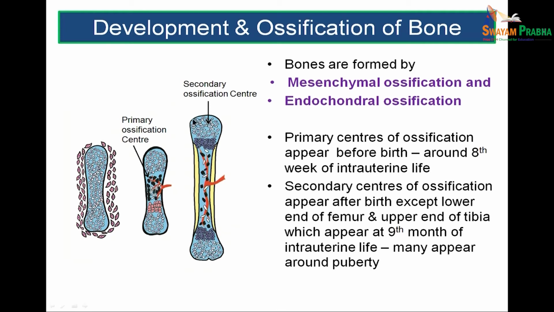The secondary centers of ossification arise at either end of the bone after birth, except in the lower end of the femur and the upper end of the tibia, where they appear in the 9th month of intrauterine life.